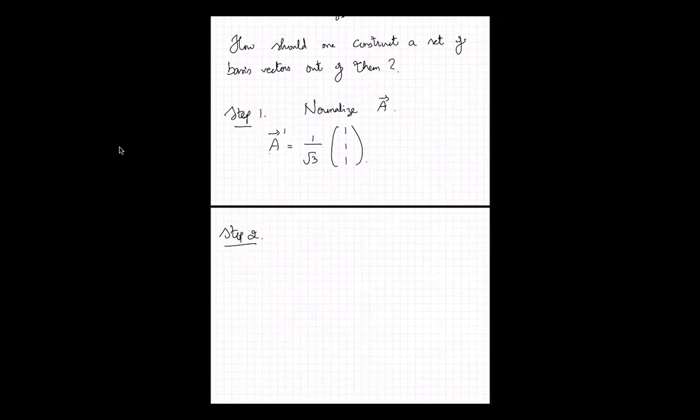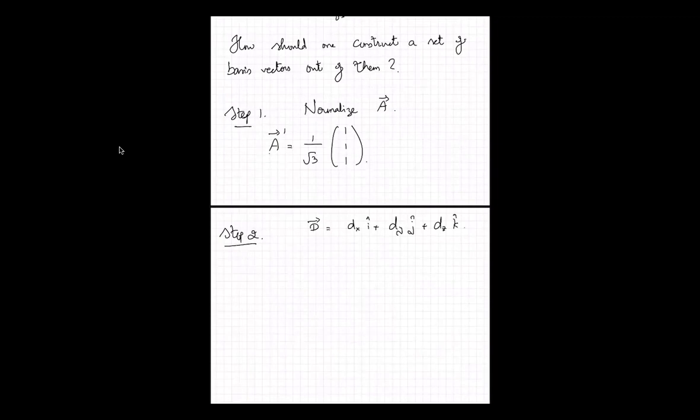So how will I make sure that a vector is orthogonal to another vector? Let us call this some other vector D, which is dx i plus dy j plus dz k.